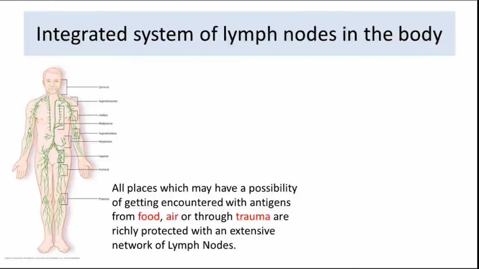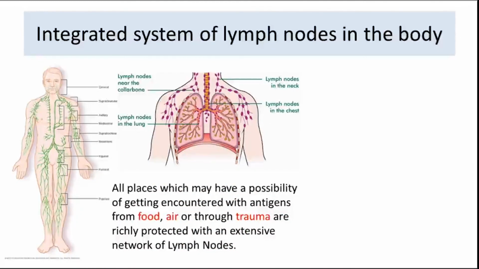Now, we see that lymph nodes play a very, very important role in priming of the T cells and B cells. Because of that reason, the body has a very big, complex and integrated system of lymph nodes. All places which may have a possibility of encountering antigens, either from food, air, or through trauma, are richly protected with an extensive network of lymph nodes.